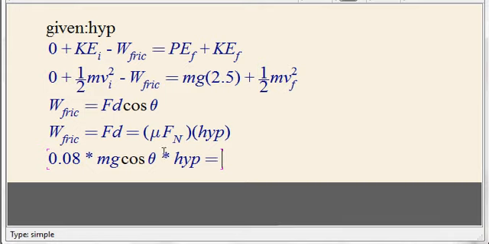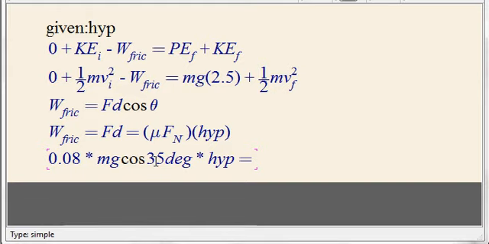So this angle, theta, is a different angle than this thing, theta. This theta was the angle between the friction and the movement, and we said that whole term goes away. And this theta is 35 degrees because it's the angle of the slope of the snow.